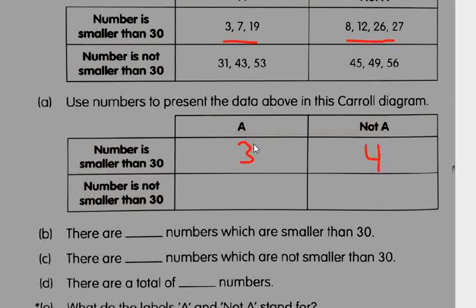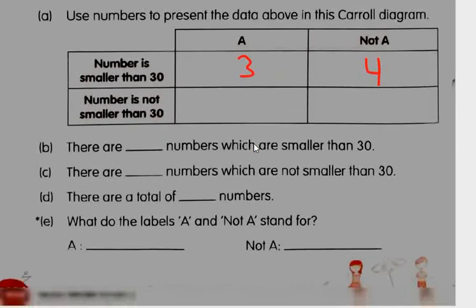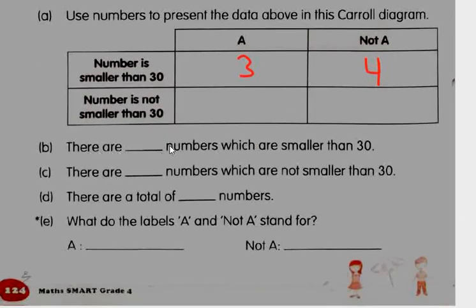And so on. And then answer question B. How many numbers are smaller than 30? Okay, it is obvious, just add all the numbers in the box here.